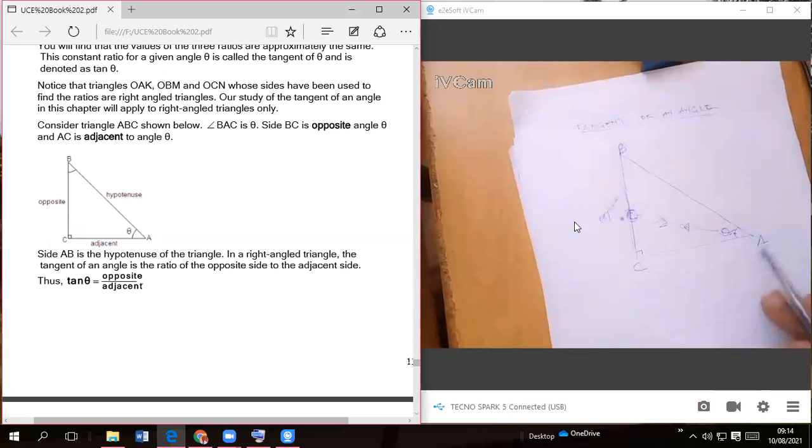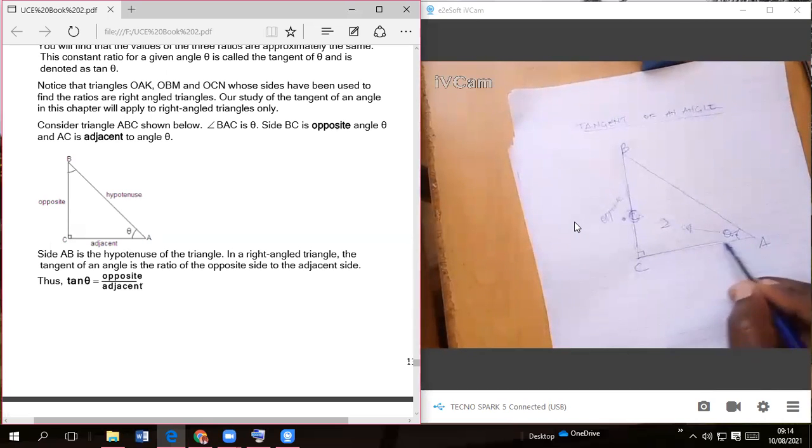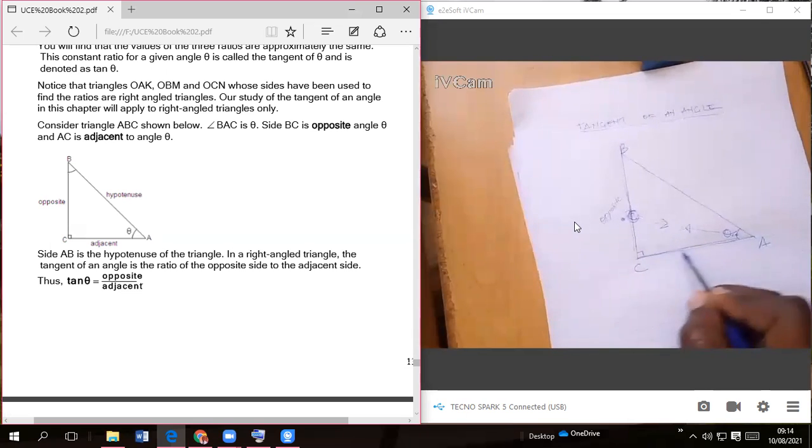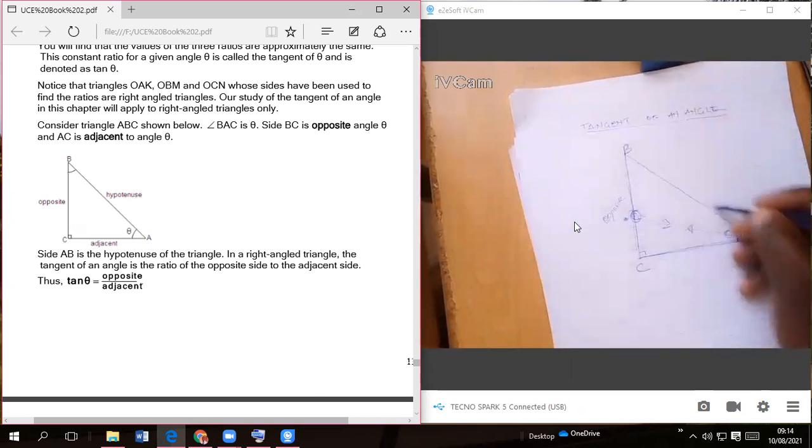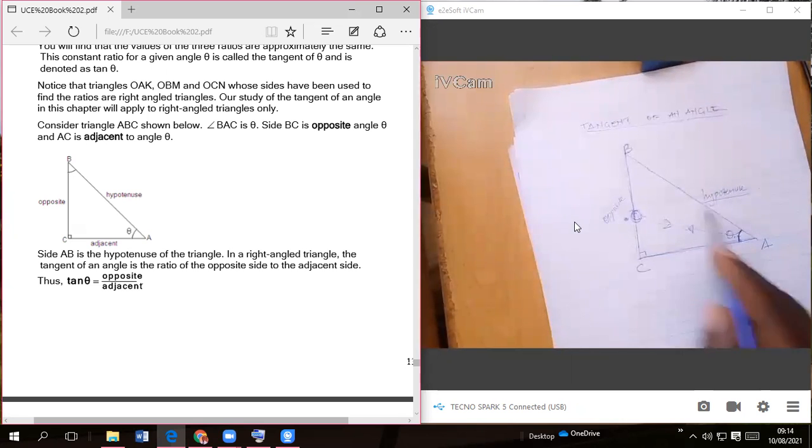And then this base which is here, that you're seeing, CA. We know that this is the hypotenuse. Everyone knows this from the Pythagoras theorem, that this is the hypotenuse. This side BA is the hypotenuse.